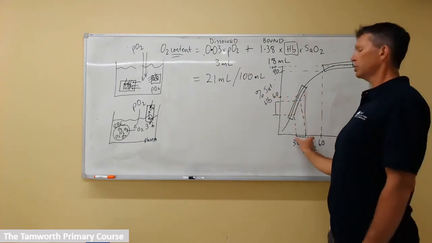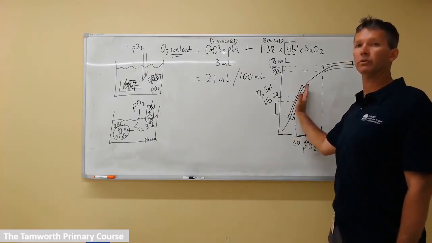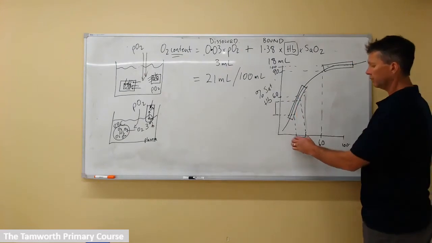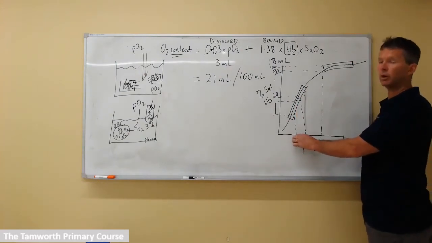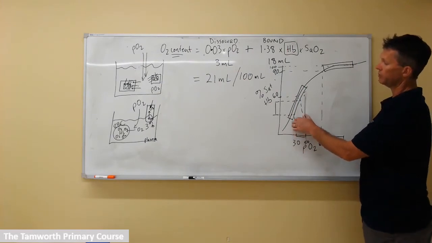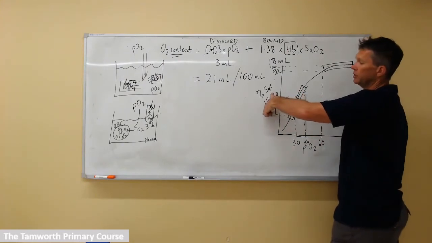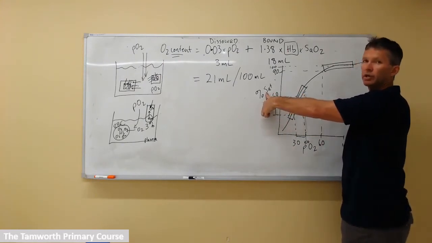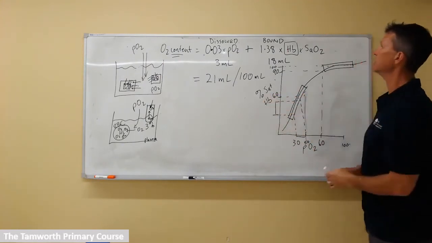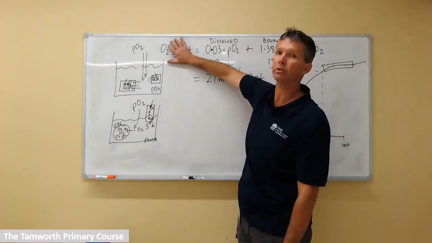If we talk about a small change in PO2 on this steep portion of the curve. I'll say that again. For a small change in PO2, i.e. this portion here on the steep part of the curve, we create a large change in relative terms of change to saturation. That change to saturation is the thing that determines oxygen content, and that's why it's of interest to us.